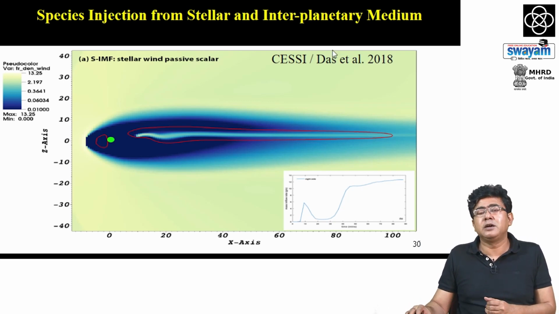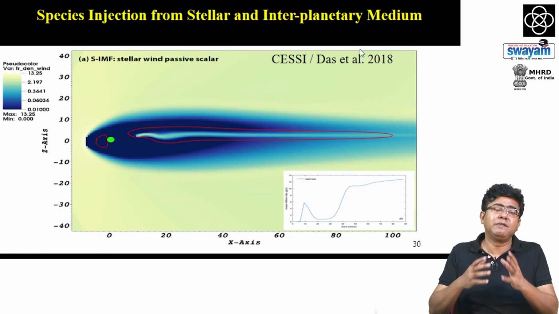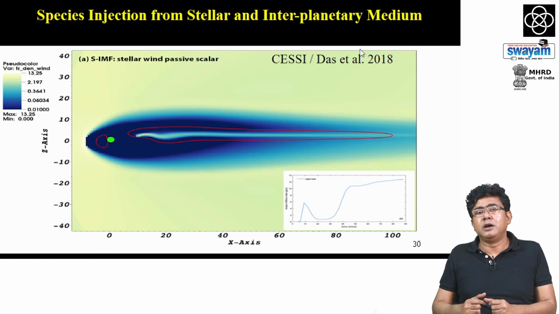You can in fact have, along certain paths of this reconnecting region between the magnetosphere and the magnetic fields of stellar winds, pathways that may open up where interplanetary species may be introduced into the atmosphere of the planet.